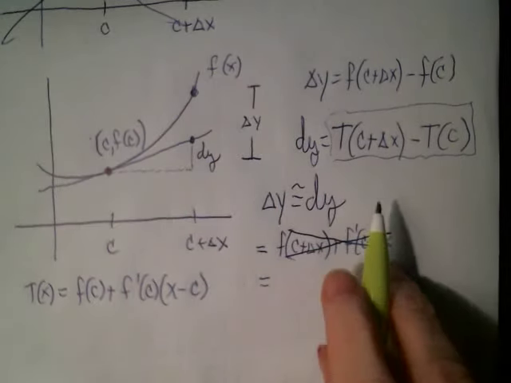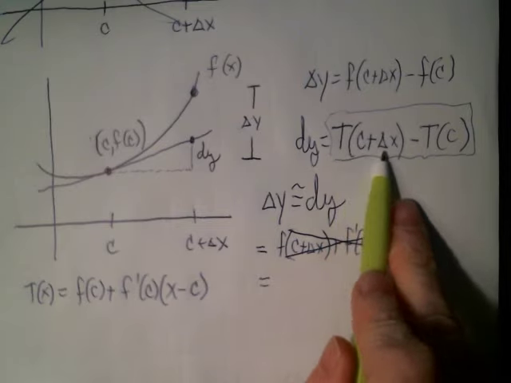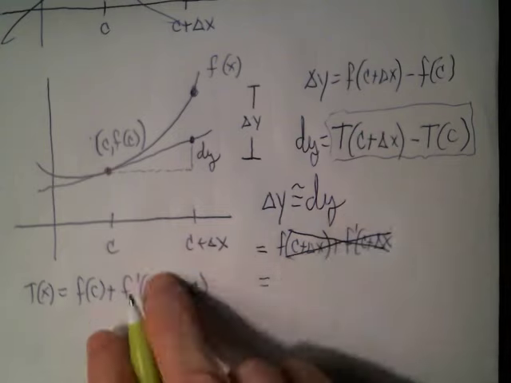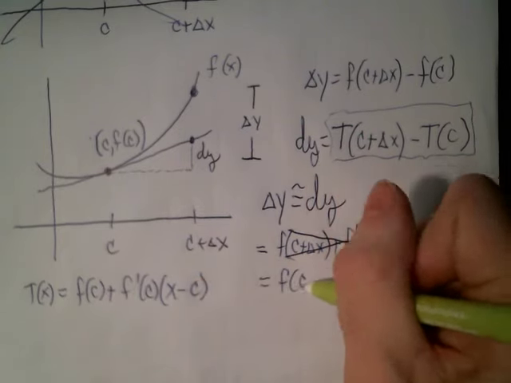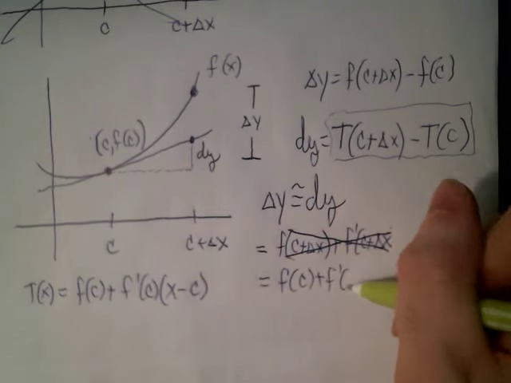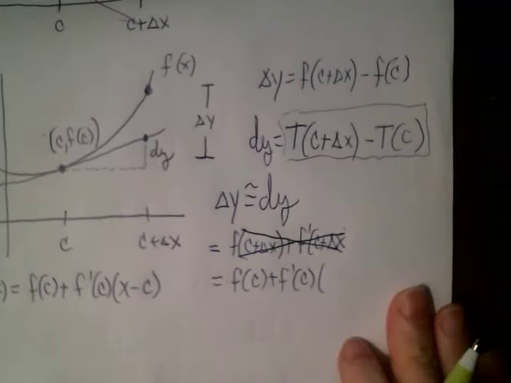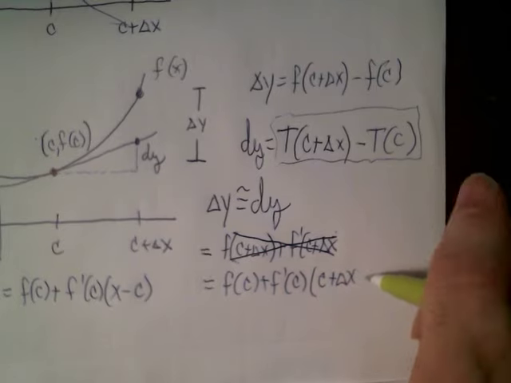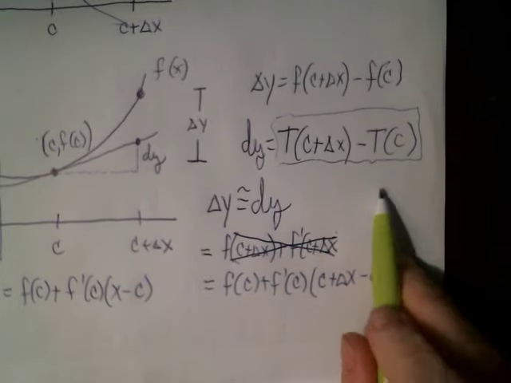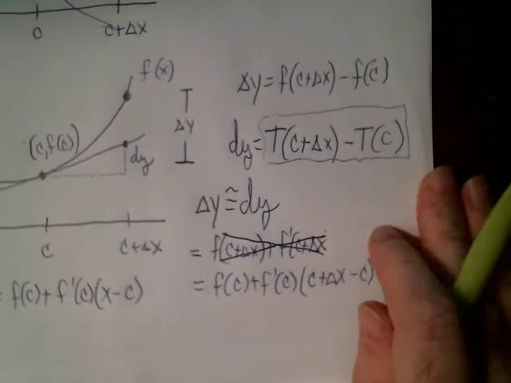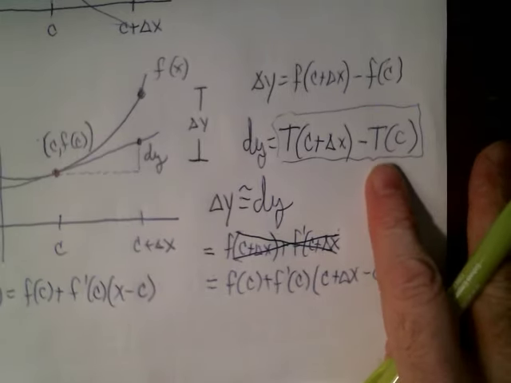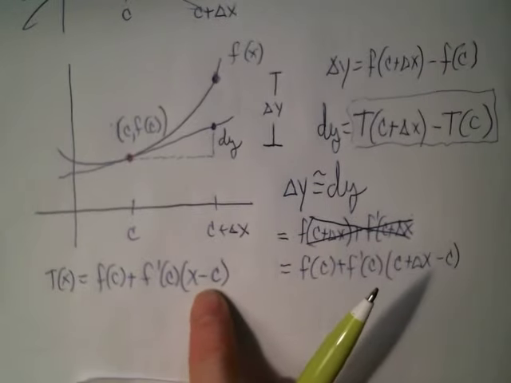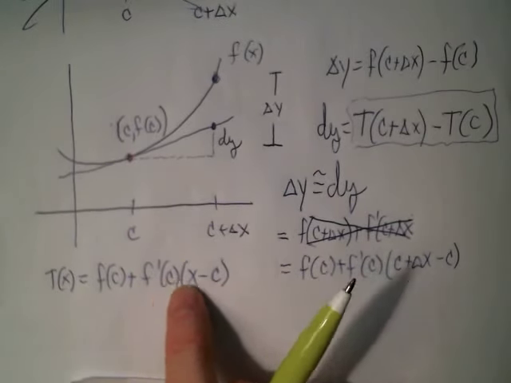So let me do that over. I'm plugging c plus change in x into this formula. Okay, so we'll have f of c plus f prime of c times x, which is now c plus change in x, minus c, and then minus t of c. And of course, t of c is just going to be f of c. So you plug c into this formula, you get c minus c, which is 0. This term will be gone.